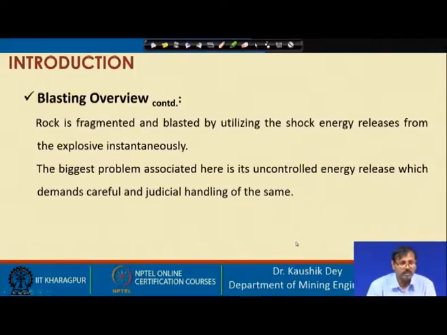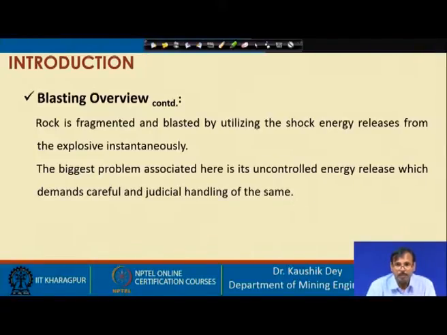So, rock is fragmented by blasting, utilizing the shock energy released from the explosive, and remember, this release of energy is instantaneous. The release of energy from the explosive takes less than a millisecond. So, this can be considered an instantaneous release of energy, and it is very high.